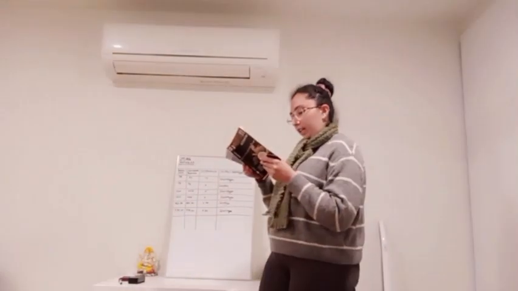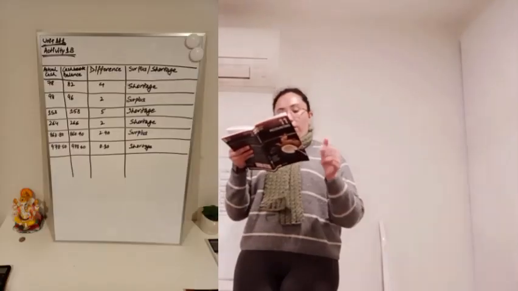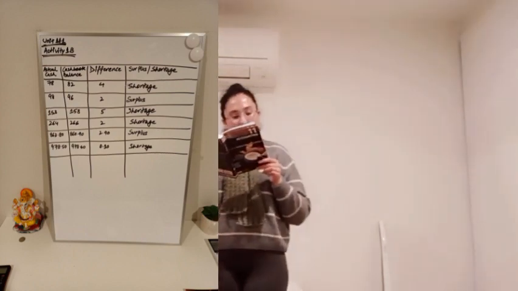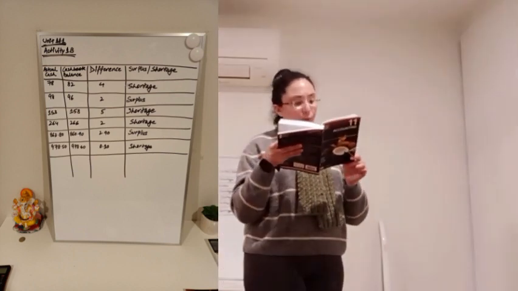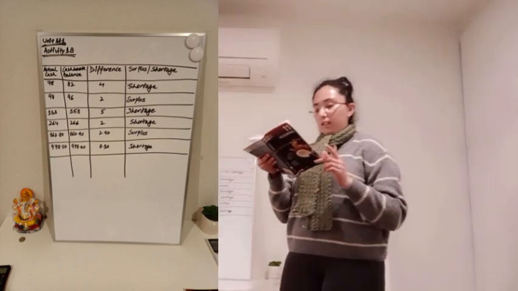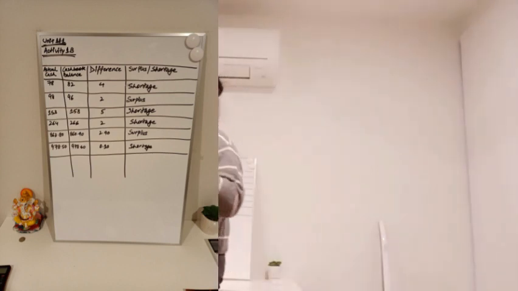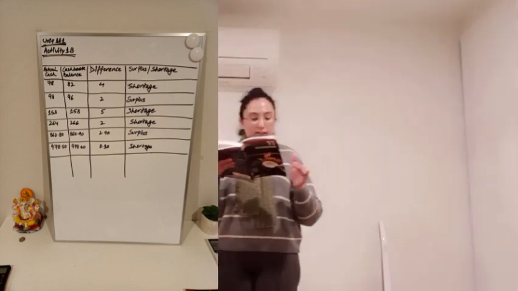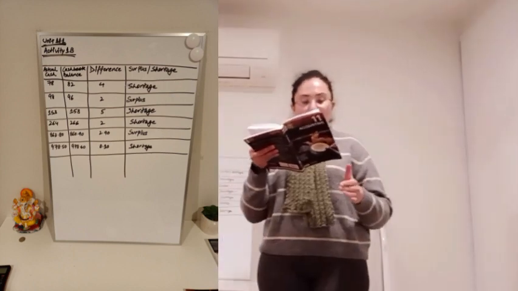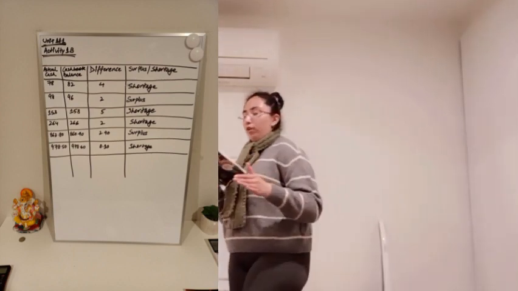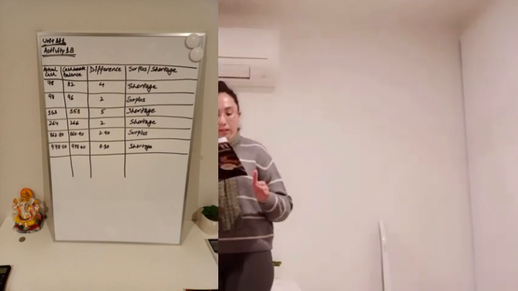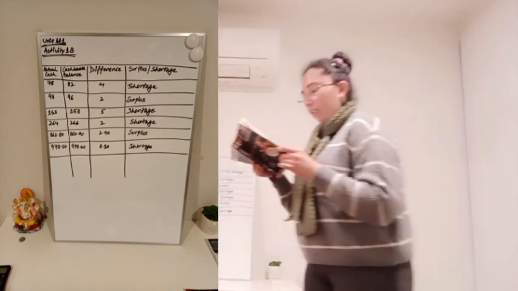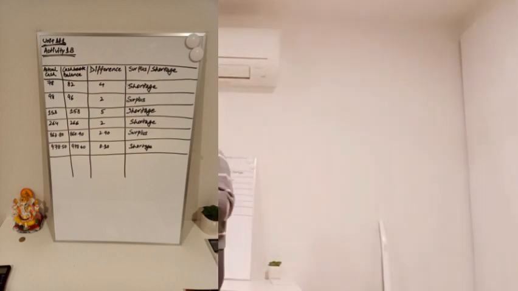They have done two of the examples for you. 78 actual cash balance and cash book balance 82, 4 is the difference, and it's a shortage because actual cash is less than the cash book balance. Then 98 and 96, actual cash is more than the cash book balance, so it's a surplus. Then 153 and 158, difference is 5 and it's a shortage.